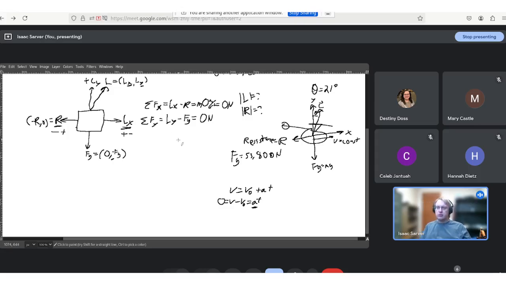Yeah, we don't need it right away, but it won't hurt. So, if I have that Lx minus R is equal to 0 newtons, I'm looking for L and I'm looking for R. Well, I'm not sure it really matters. Who should I solve for?